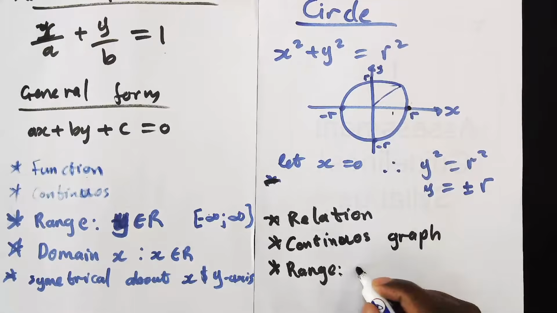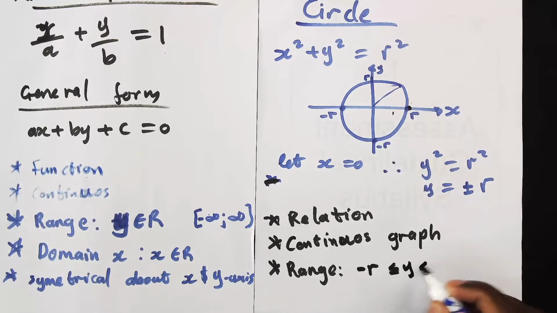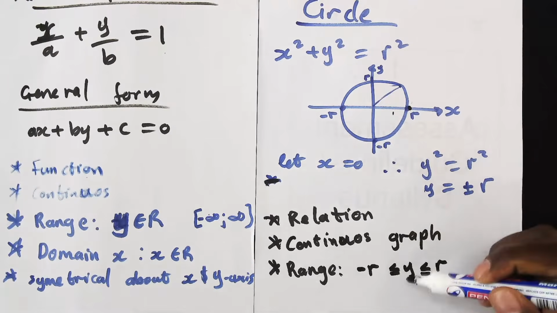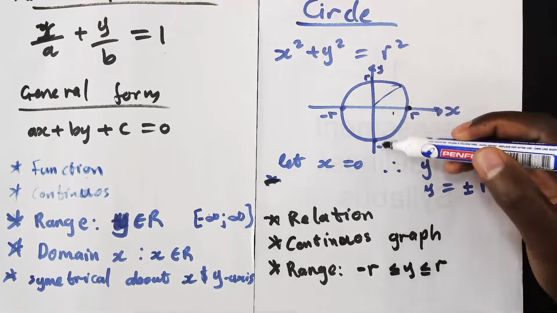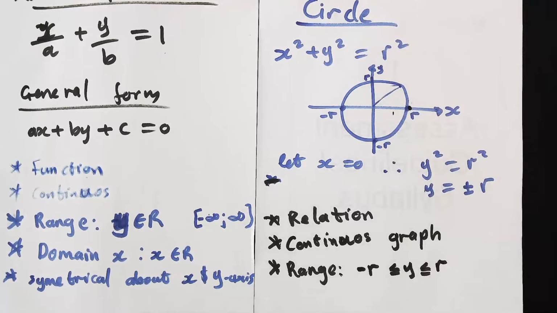So y must be greater than or equal to negative r and less than or equal to positive r, because we don't go beyond negative r or positive r.